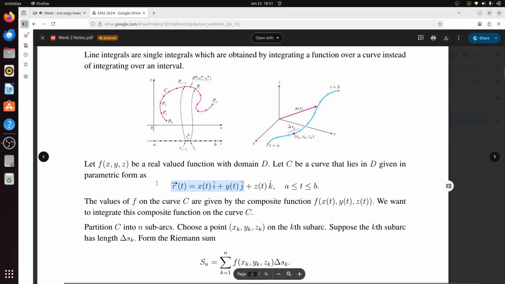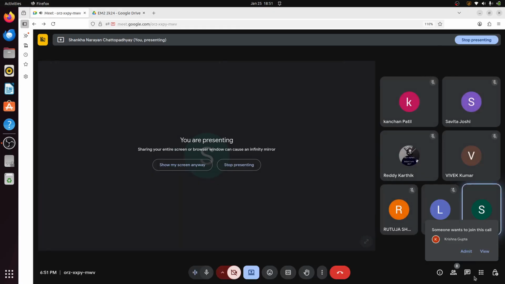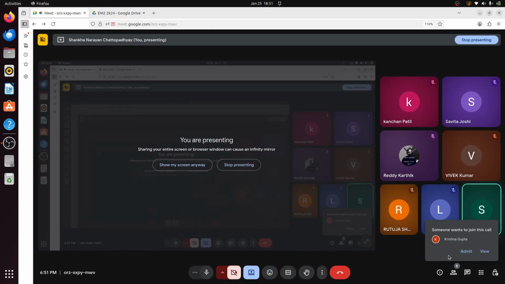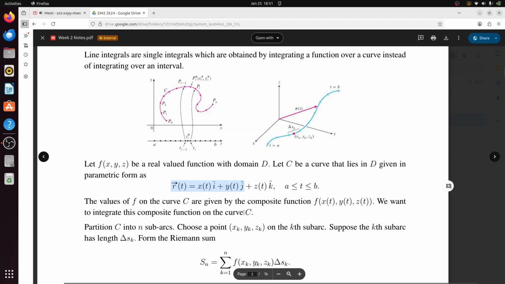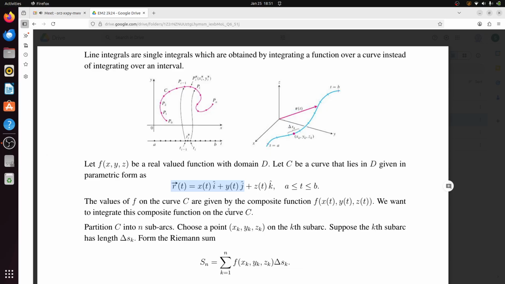Suppose x(t) = cos t and y(t) = sin t, and t varies from 0 to 2 pi.